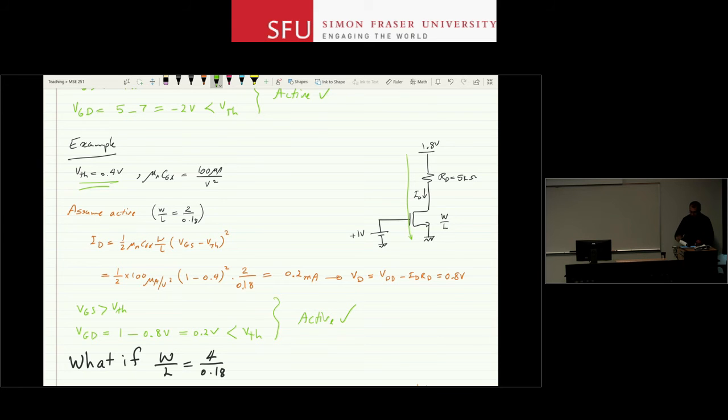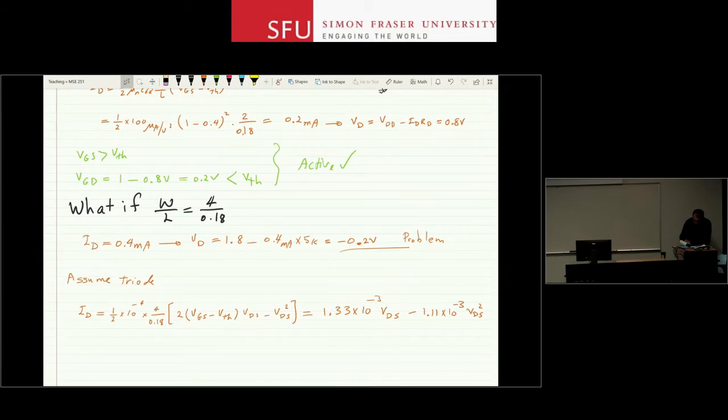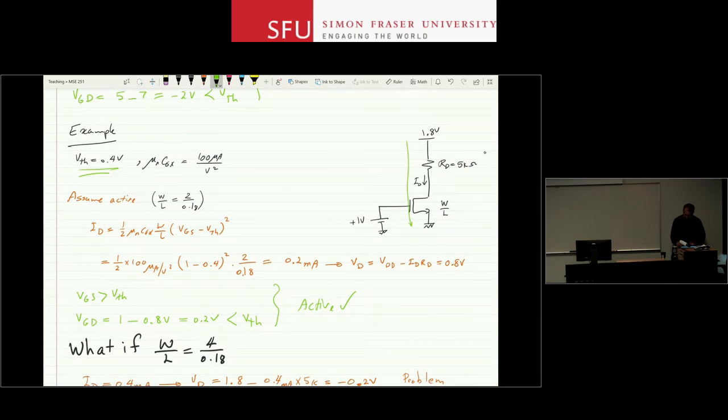So I can write a KVL from VDD to ground. So if I do that, then VDD is going to be IDRD plus VDS. Okay? So that's this voltage plus this voltage, right? So you go from VDD to ground.